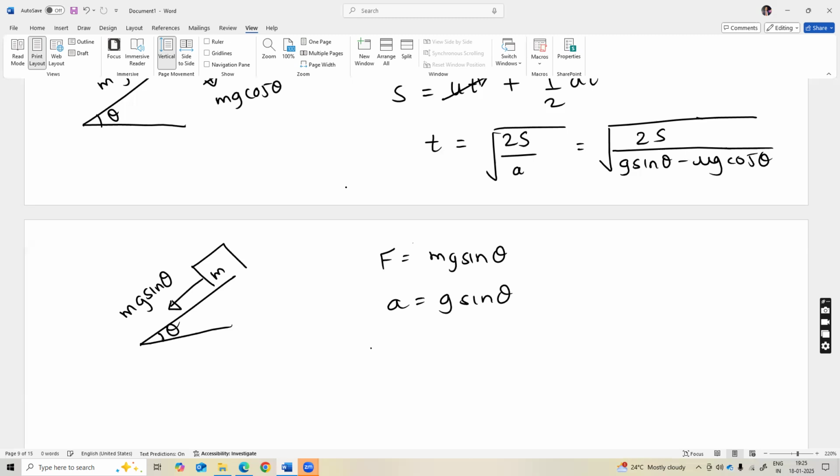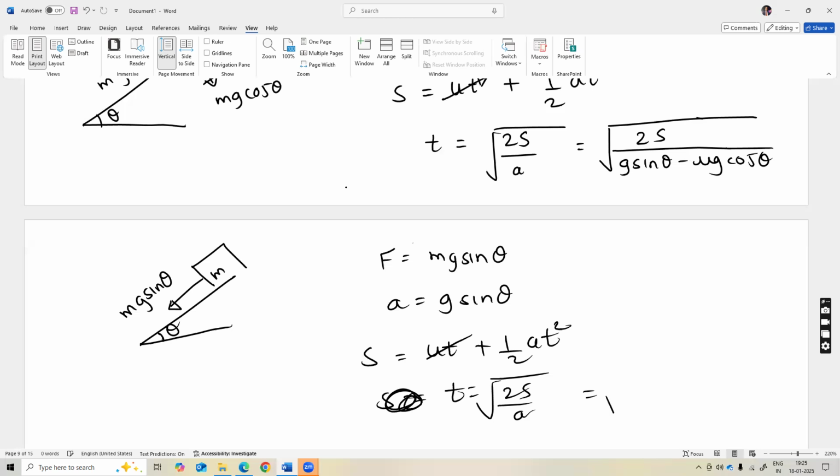So again, if you use the same formula, S is equal to ut plus half at square, and u is 0. So t will again become root of 2s upon a, where in this case acceleration is g sine theta. So this one was t1 for the first case. This is t2. So t2 will become root of 2s upon g sine theta.